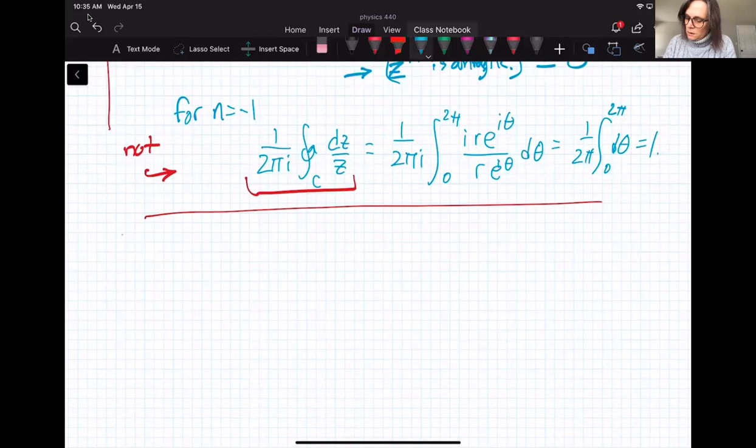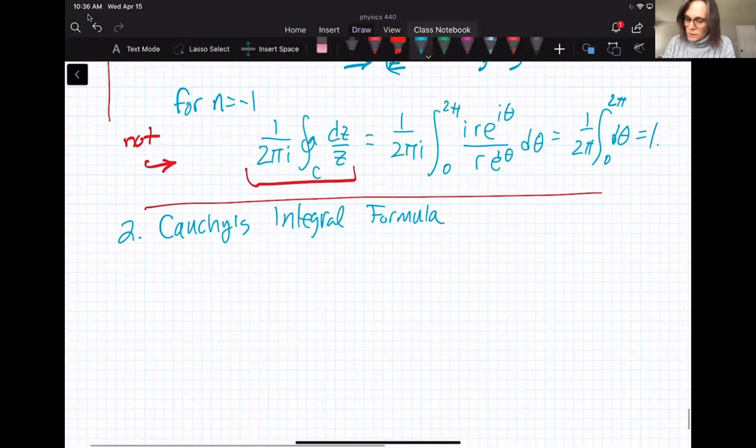All right, so where this leads us then is Cauchy's integral formula. We'll start with a statement.